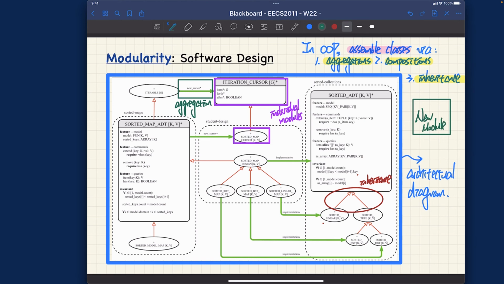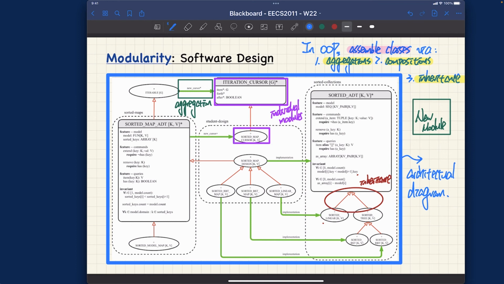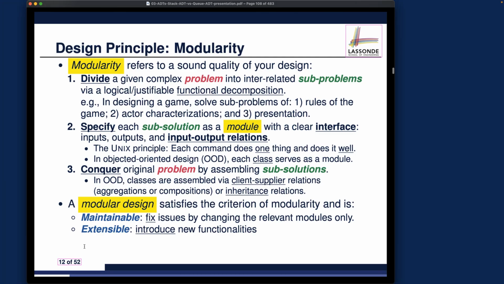And this new module here should really reflect or encode the desired added functionality I want. In that case, after I have done this, I should really try to relate this particular class into the existing assembly. For example, I can simply make some inheritance relation. I can say this class should maybe also be a subclass of this particular class over here, sorted ADT, right? I can also do that, just as an example.